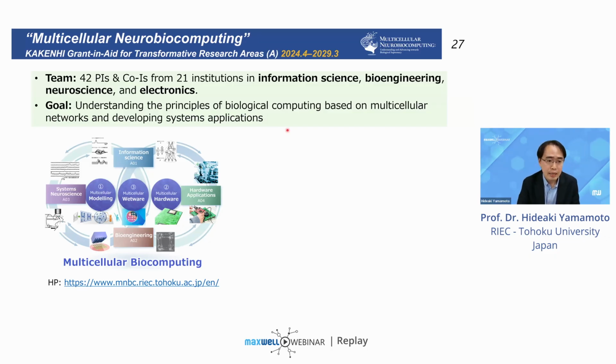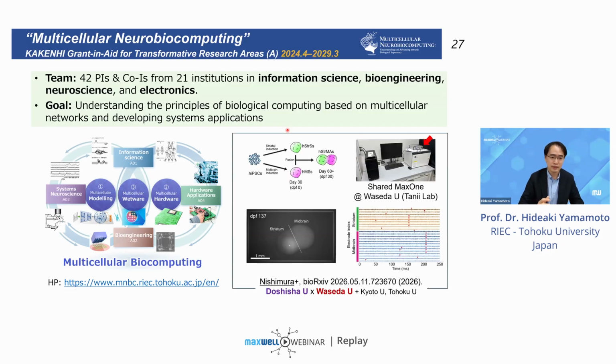And when we gather researchers from such diverse fields, one thing we try to foster is the sharing of cutting-edge resources among members, so that all the members can access state-of-the-art equipment, even in areas that they don't necessarily specialize in by themselves. A natural example of this was the MaxOne system, which was installed in Professor Tani's group at Waseda University.